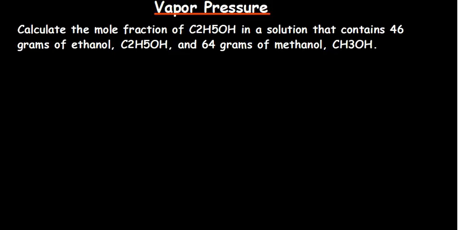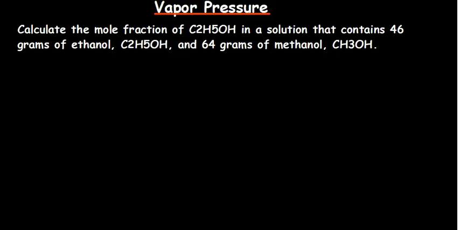We'll begin with vapor pressure as a colligative property, looking at the possible questions they can ask you under this topic. Of course, we're going to look at all four one by one, beginning with vapor pressure, and then boiling point elevation, freezing point depression, and then osmotic pressure.